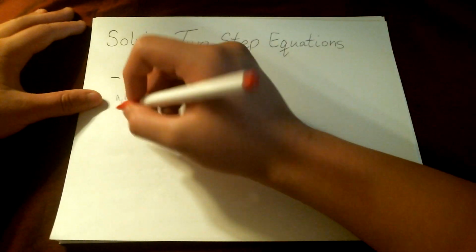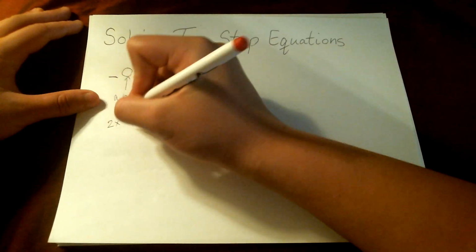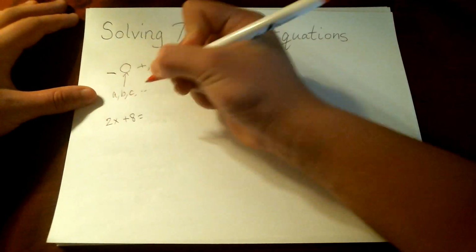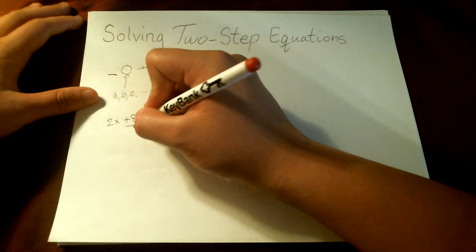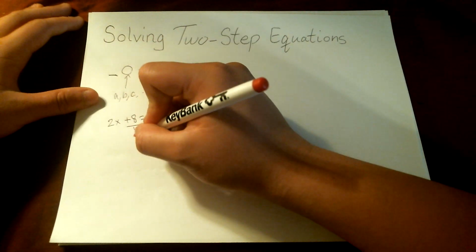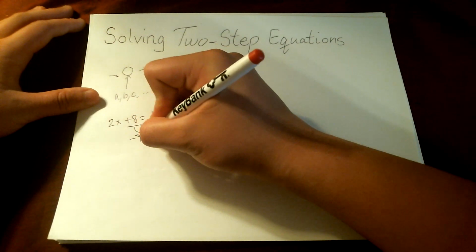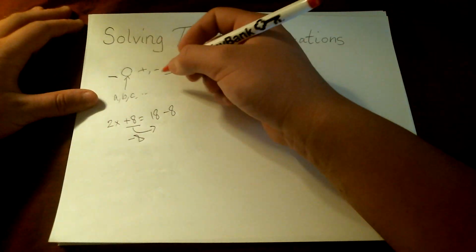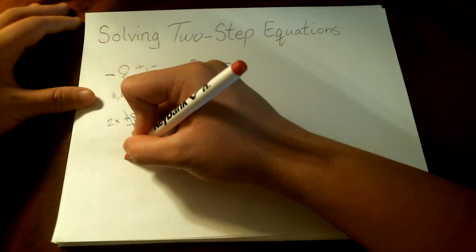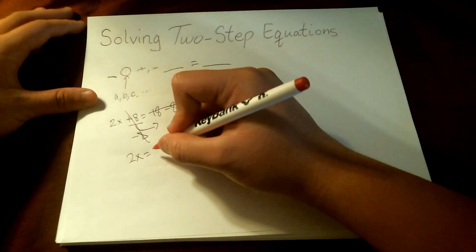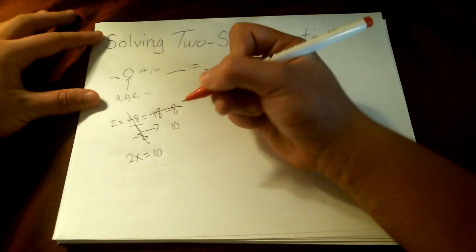So an example of that would be 2x plus 8 equals 18. In order to do this one, we would have to minus 8 to both sides. And this would cross out. This would be 10. And then this here would make that 2x equals 10.